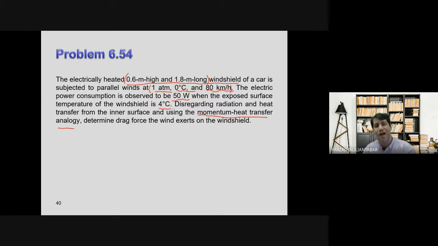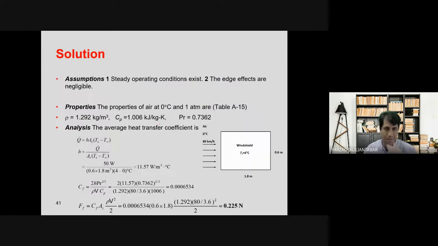Okay, this time we have information about the heat power. We are interested to calculate drag force. Very interesting example. The windshield is like this. This is the property of the air, 0 degrees Celsius, 80 kilometers per hour velocity, the dimension of the windshield, and the properties for the air.